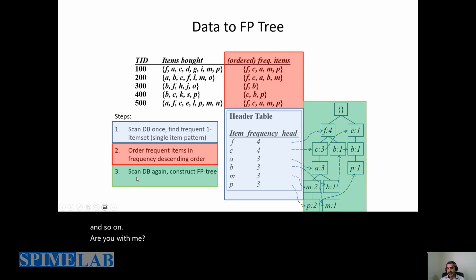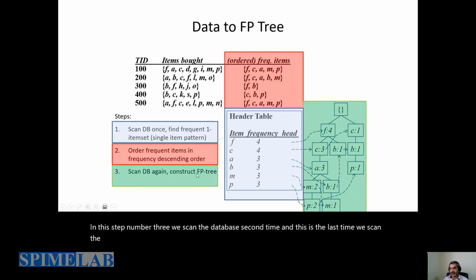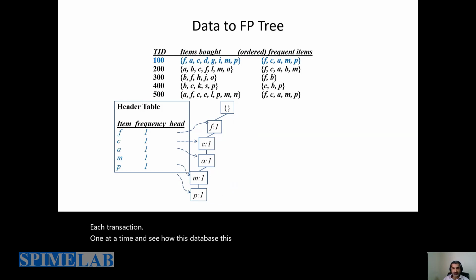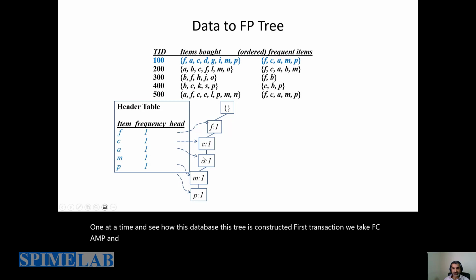In step number 3, we scan the database a second time, and this is the last time we scan the database. We construct an FP tree, frequent pattern tree. This construction is interesting. How do we do that? Let's look at each transaction one at a time and see how this tree is constructed. First transaction, we take FCAMP and we create a branch in the tree.